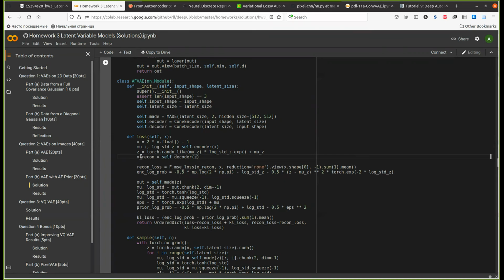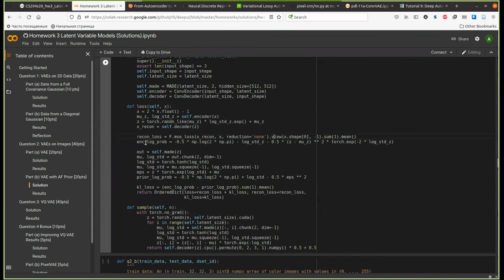So that will be our reconstruction. You see that the reconstruction loss is computed from that. Then we compute the log probability of the latent variable Z under the given distribution, right? So we sample Z with these parameters, and then we compute its log likelihood under the latent distribution.